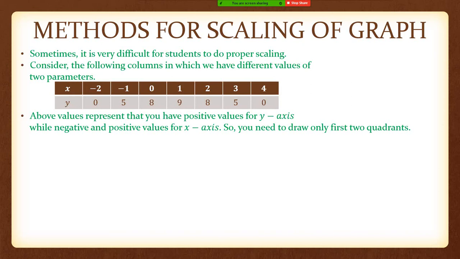Right now we have positive y values but negative as well as positive values of x, so it is confirmed that we are going to draw only two quadrants, the first and the second.